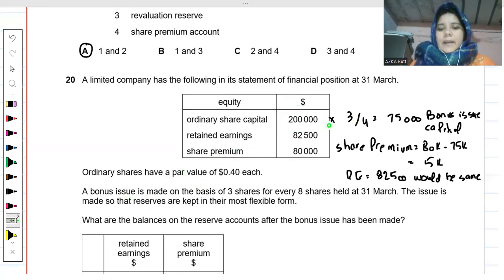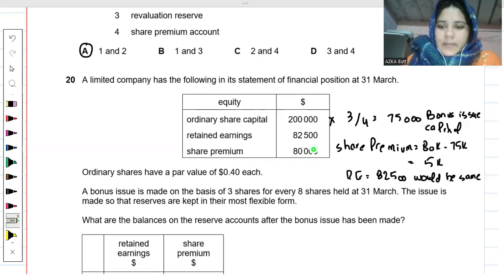So we just multiply it by 3 and divide it by 4, because if you have 8 shares, you are getting 3 shares of bonus issue. So we have 75,000 bonus issue capital.